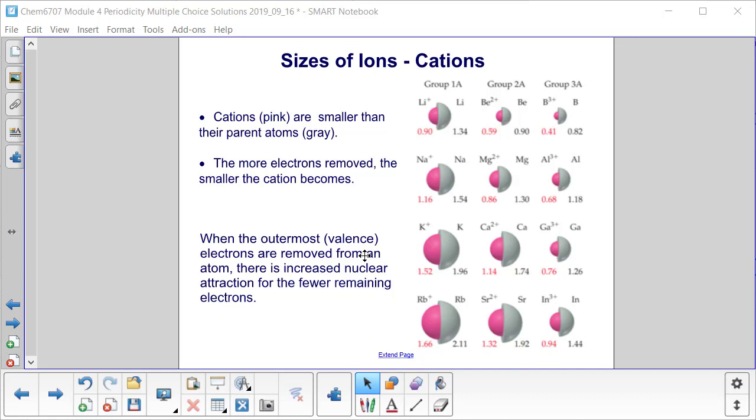Cations are smaller than their parent atoms. You can see that in every case here. The more electrons that are removed, the smaller the cation becomes. So these +3 cations are a lot smaller than their parent atoms. When the outermost valence electrons are removed from an atom, there's an increased nuclear attraction for the fewer remaining electrons.